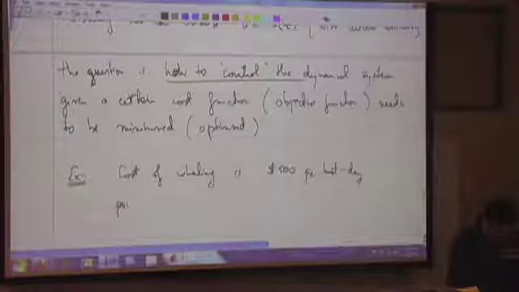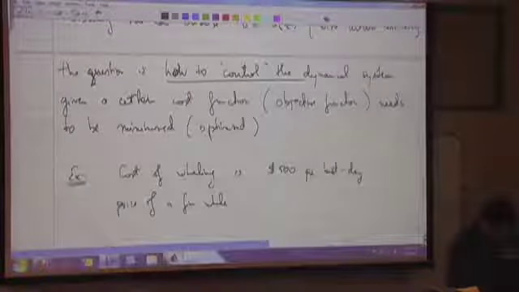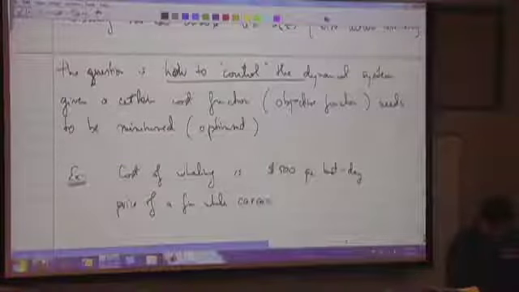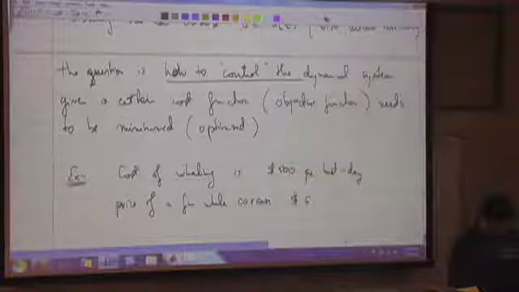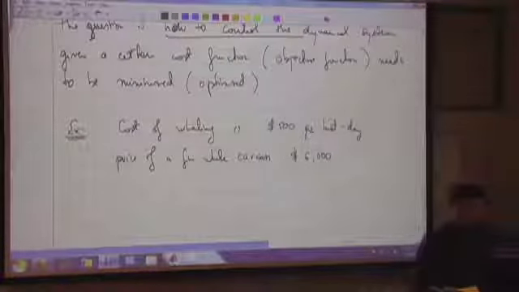And the price of a fin whale carcass, that's pretty cruel to think about, but it's like $6,000.